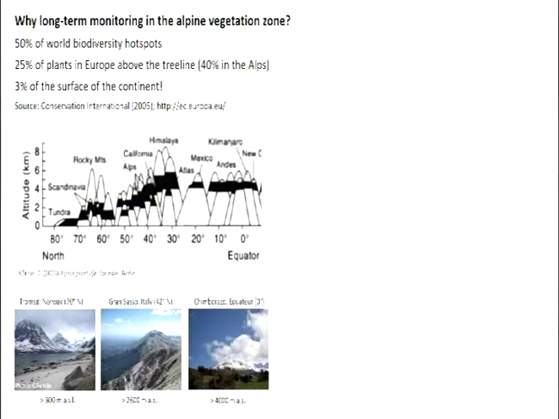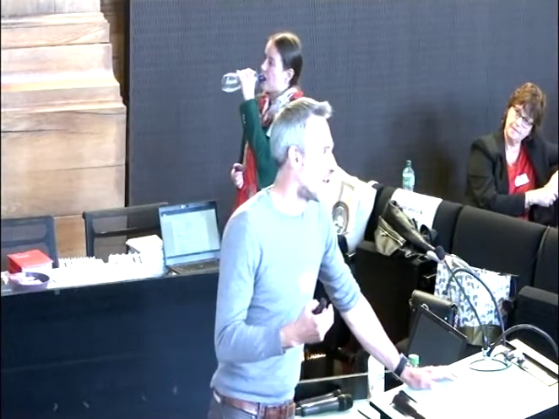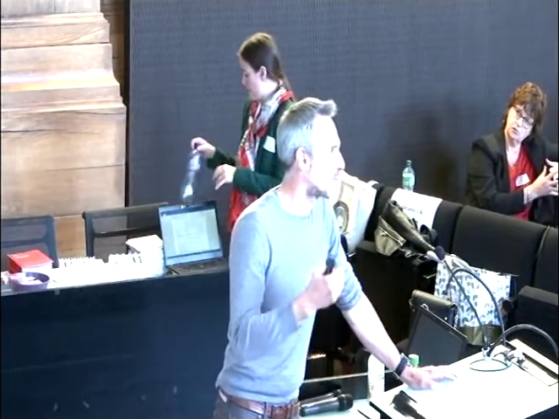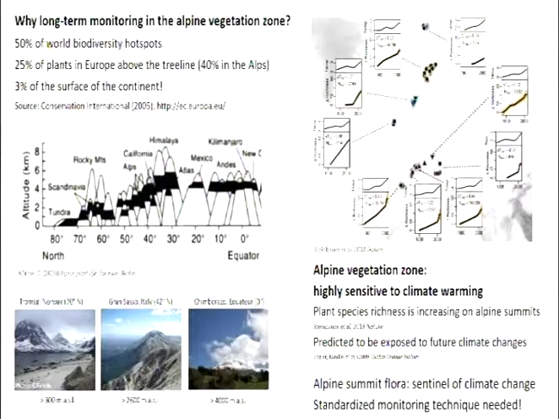And also, interestingly, this vegetation type is defined by the tree line, and the shrubs and taller species are currently invading the alpine vegetation zone. And as you can see on this graph, on this synthesis, there is an increase of biodiversity in the alpine zone, and this rate is also increasing with a clear tipping point over the last 3 decades.